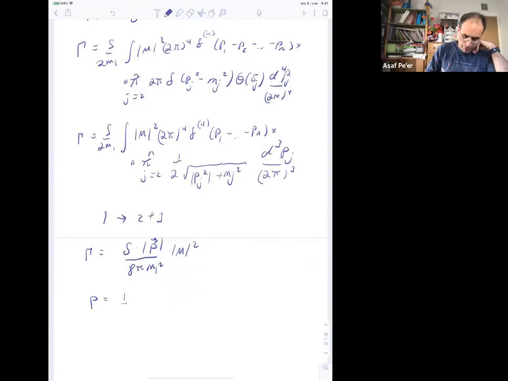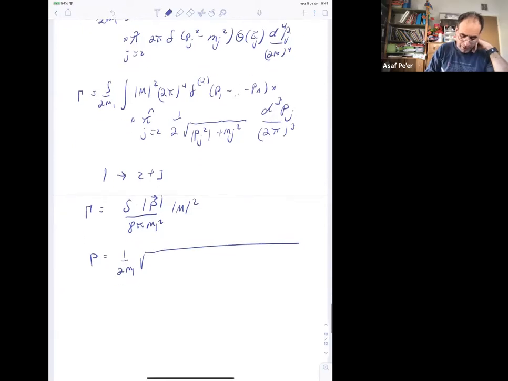It's just 1 over 2m1 times this long expression: m1⁴ plus m2⁴ plus m3⁴ minus 2 m1² m2² minus 2 m1² m3² minus 2 m2² m3².